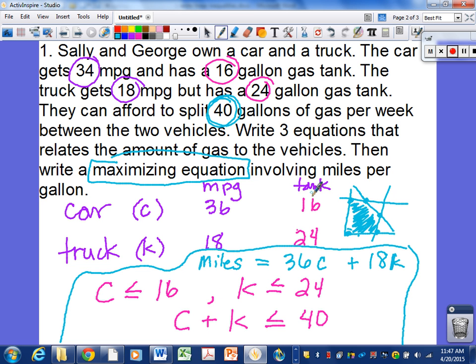Okay? So this is one with constraints where it's strictly less than. You can have not more than 16 gallons here, not more than 24 gallons there. Okay, number 2 on your worksheet is a lot like this one, number 1, which is also, by the way, on your worksheet. Hence the number 1. Okay, I'm not trying to kill you with a bunch of these equations.